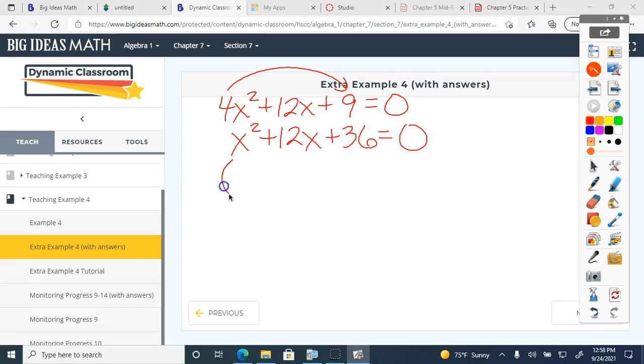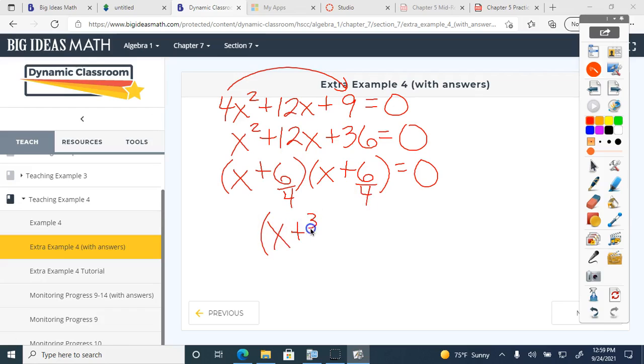Now you can factor it. What 2 numbers multiply to be 36 and add up to 12? 6 and 6. Divide by what you borrowed, which was what? No. 4. You borrowed 4. So that'll be x plus 3 over 2 squared equals 0.